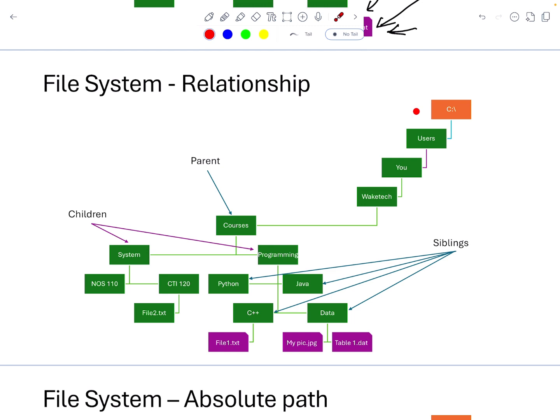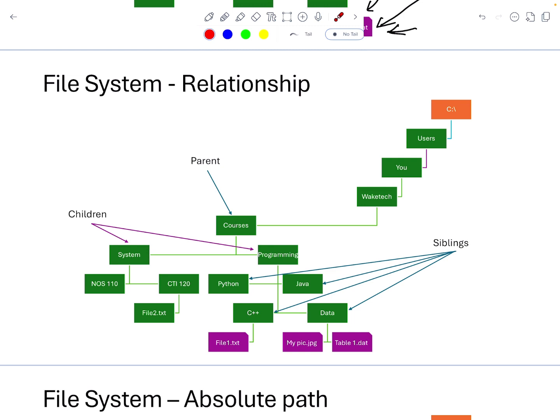There is a parent-child relationship between the different levels of the directory. If you consider this, this is level 0, this is level 1, level 2, level 3, and then level 4. In level 5, we have two directories, and then in level 6, we have many directories.